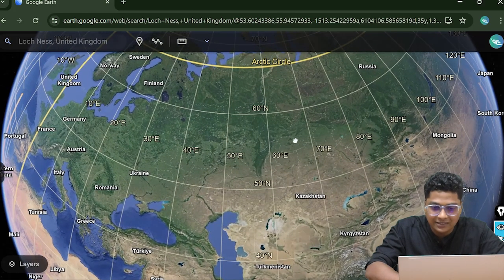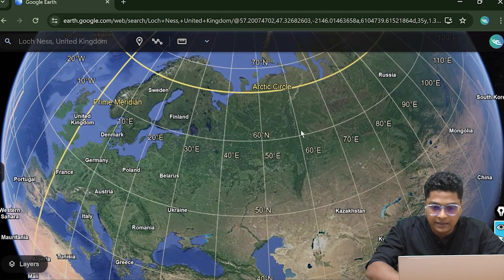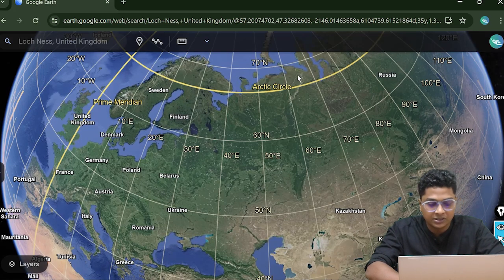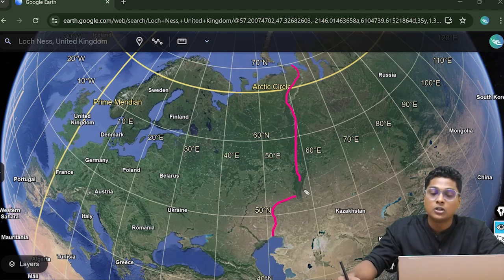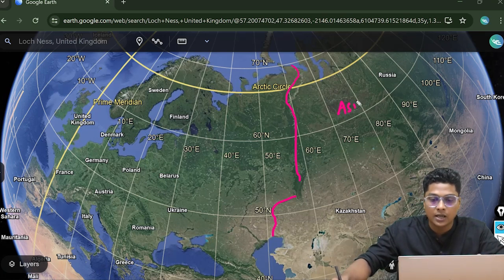I hope you can see this green color region here, right? So this stretch here, this is the Ural Mountains, and from here we have a river which is called the Ural River, right? So this is the eastern boundary of Europe. Beyond this, this is Asia, and here we have Europe, okay?